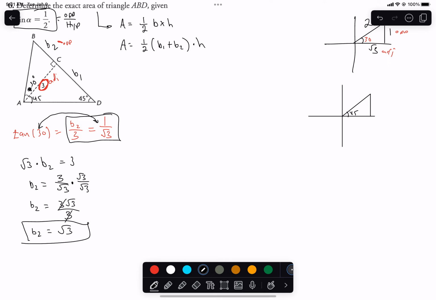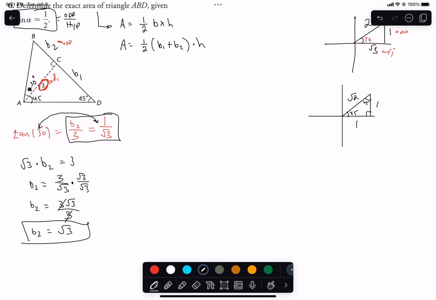So if this is 45, that's 45, this is 90. We know the hypotenuse in the 45 triangle is root 2. We also know that because these angles are equal, these side lengths have to be equal as well. That's where that's come from.